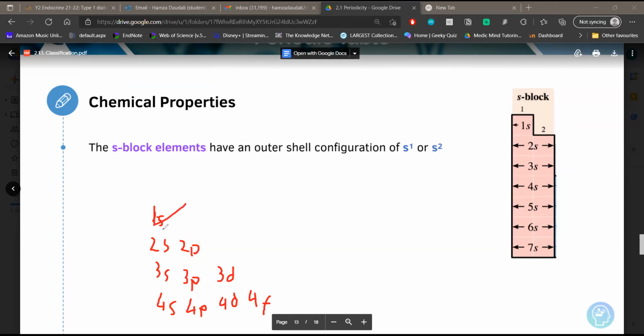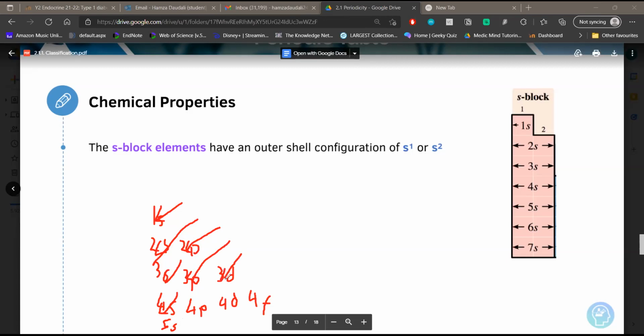Okay. So basically, what you do is you draw an arrow. Let's say the first thing to fill up will be the 1s. Then the next thing to fill up is going to be 2s. Then after that, it will be 2p followed by 3s, then 3p, followed by 4s.